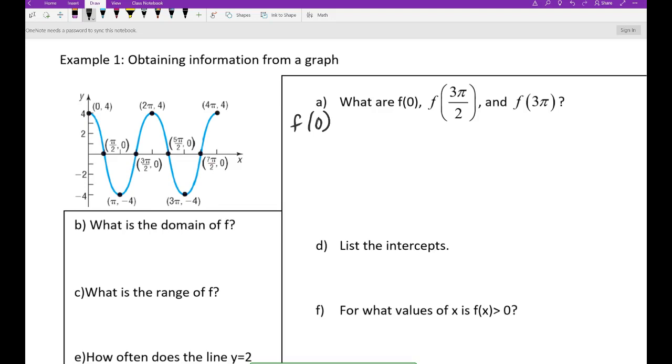Raise your hand and tell me if you can get an answer. It's okay to be wrong. There's nothing wrong with being wrong. What's F of 0? 4. How'd you get it?